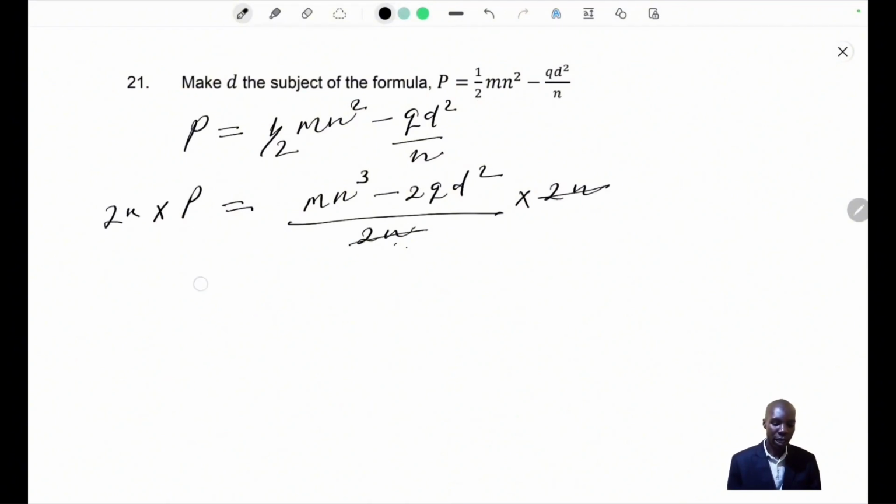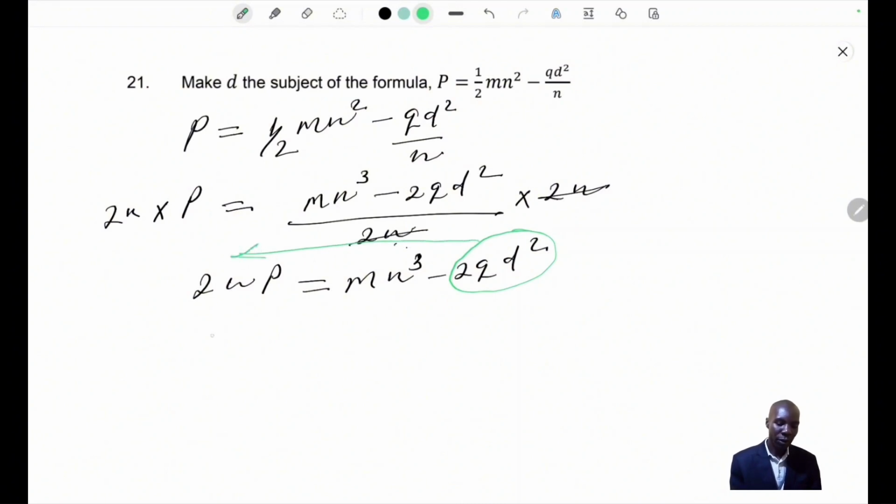So we'll have 2np is equal to mn to the power 3 minus 2qd squared. Our aim is to make d the subject of the formula. So what we can do is bring 2qd squared to the left.